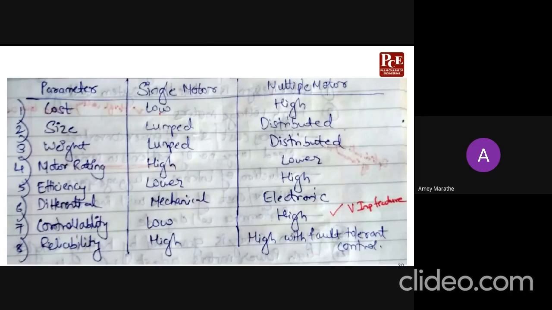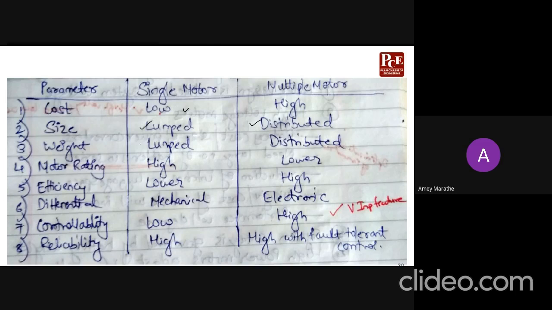And you see, these are the various parameters when it comes to selection of motor. So whether we should have a single motor or multiple motors. Cost wise, single motor will cost you less, multiple will cost you more. Size will be lumped because we are using only one motor; here the size will be distributed because on both sides we will have two motors.